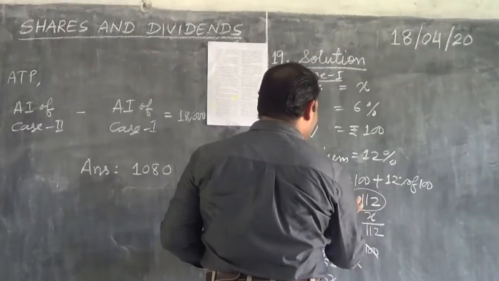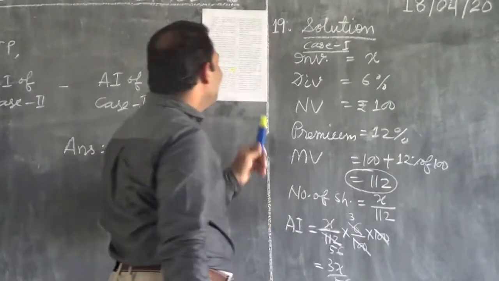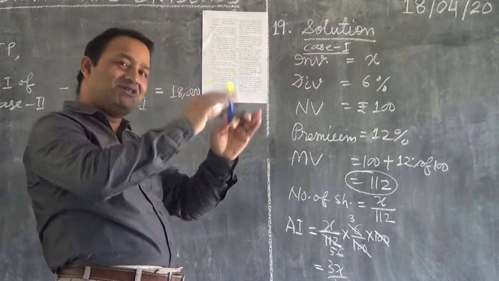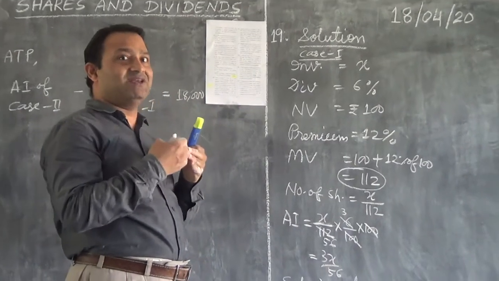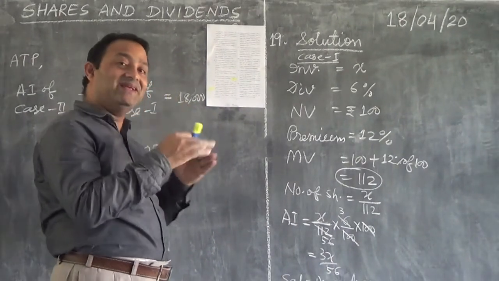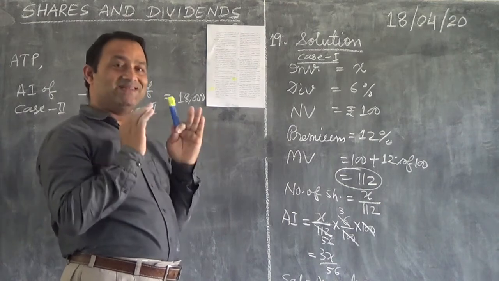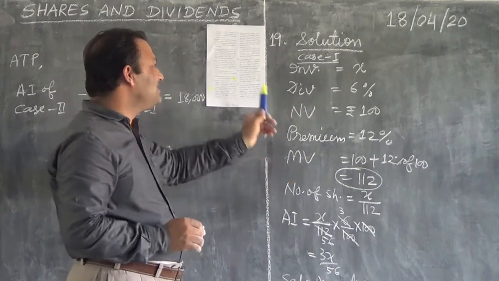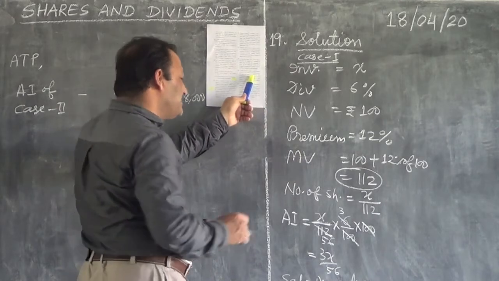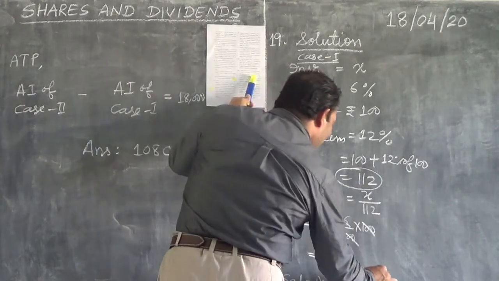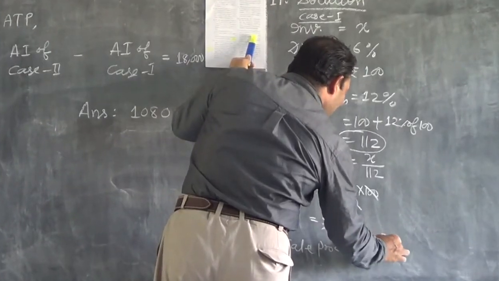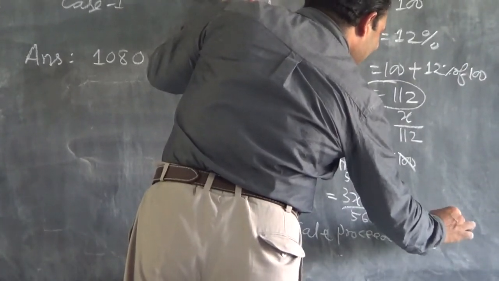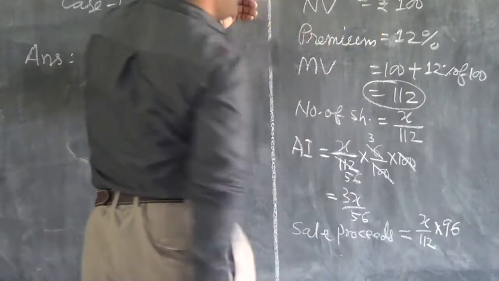This is the market value at which he purchased the shares. But while selling the shares, the market value was not this much. He sold at 96 rupees each. So number of shares X by 112 into 96.